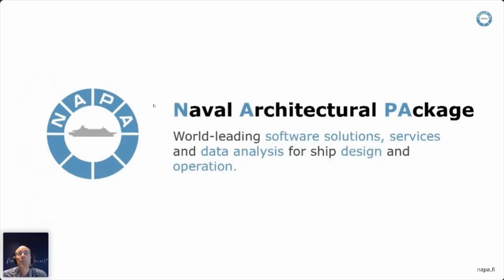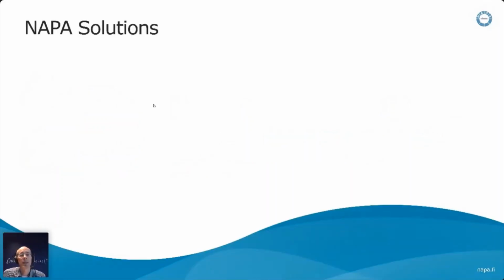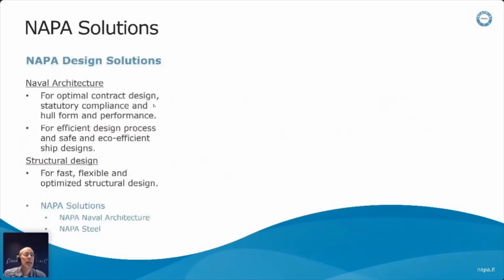The company NAPA is based here in Helsinki in Finland. The word NAPA comes from Naval Architectural Package. We are one of the world's leading software solution, service and data analysis providers for ship design and ship operations. Our company is divided into three solution areas.